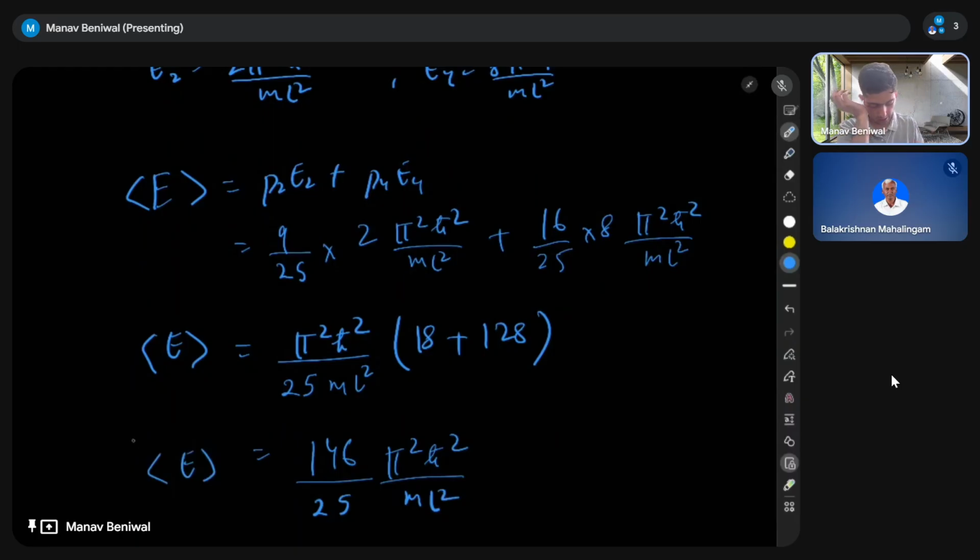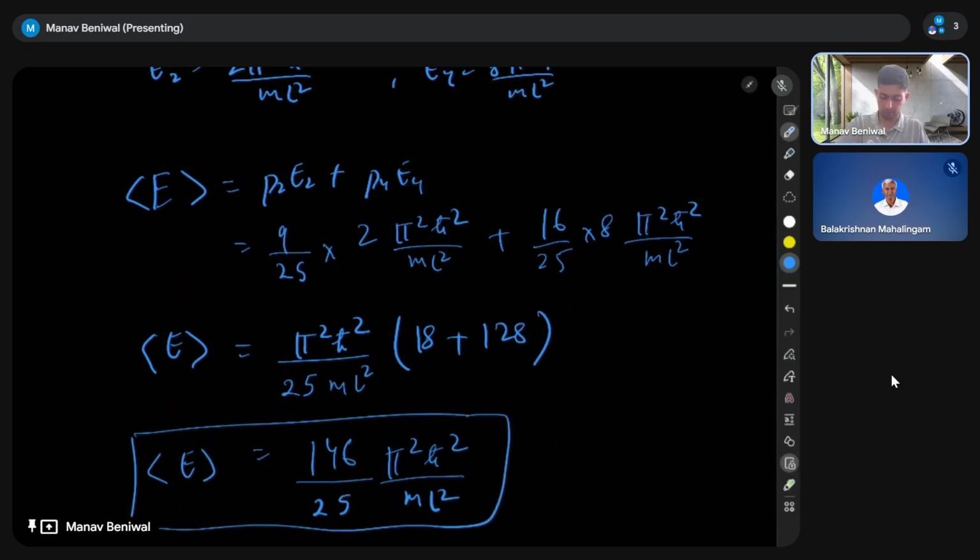So this is the average value of energy which we will be getting. Okay, cool.